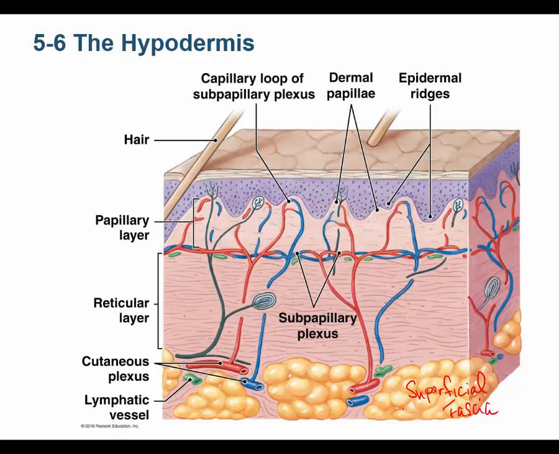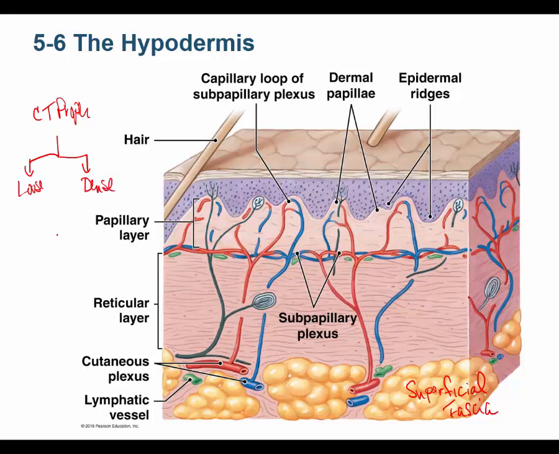The primary connective tissue in the superficial fascia, the hypodermis in other words, is adipose. And if you don't recall what subcategory adipose is, remember that we have connective tissue proper, and under connective tissue proper we have loose and dense.